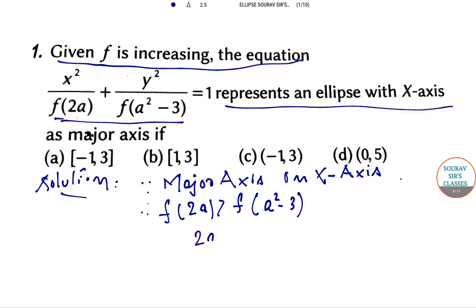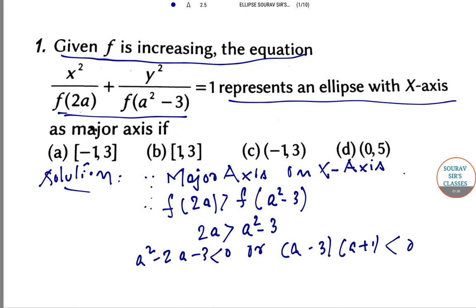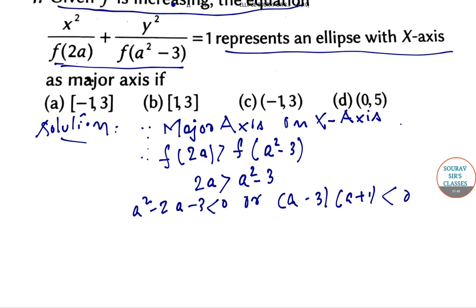Therefore 2a will be greater than a square minus 3, right? Now a square minus 2a minus 3 will be less than 0, or (a minus 3) into (a plus 1) is less than 0.